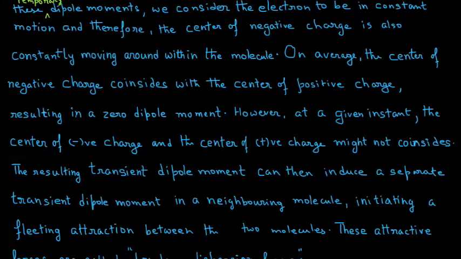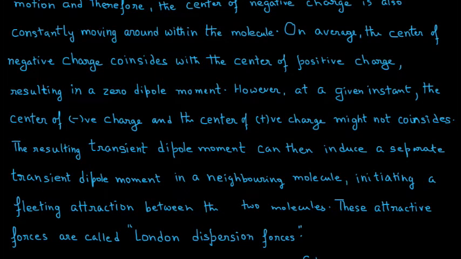The resulting transient dipole moment can then induce a separate transient dipole moment in the neighbor molecule, initiating a fleeting attraction between the molecules. These attractive forces are called London dispersion forces. So let me explain with the figure.